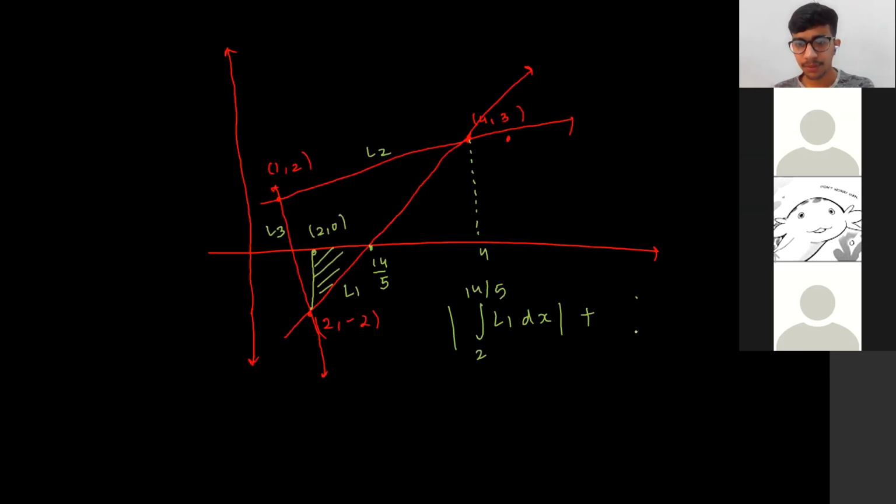So integration L1 dx from 14 by 5 to 4, and then you add it.